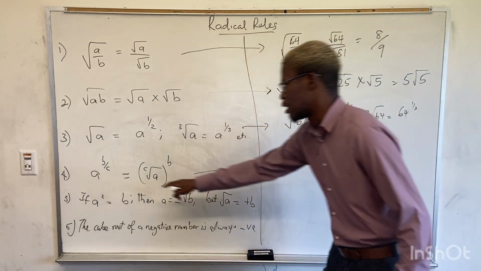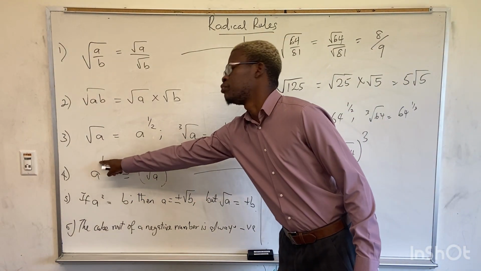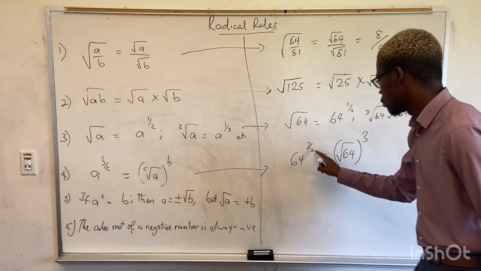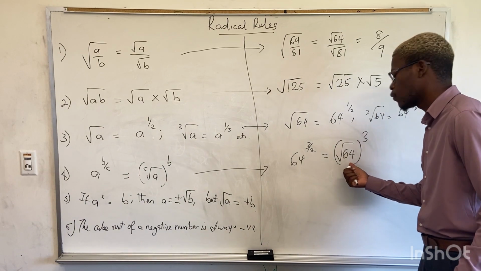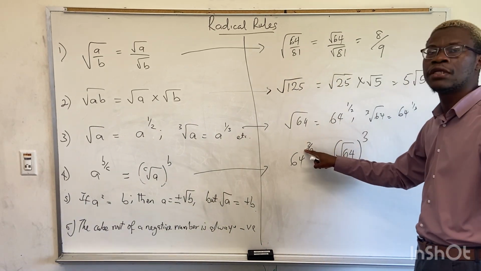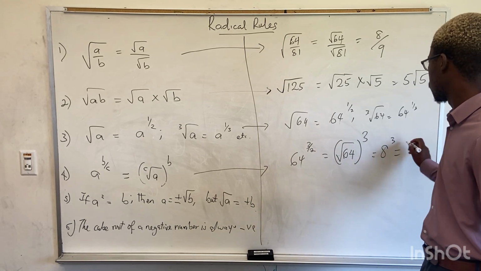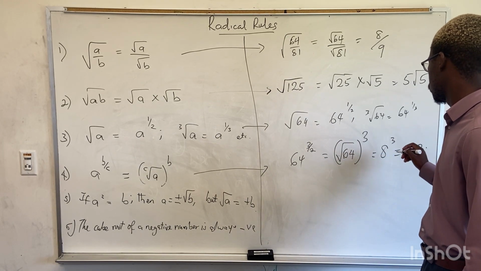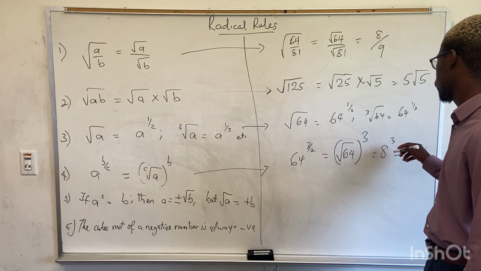All right, so look here, the c root of a then raised to the power of b. So here, since this is 2, it's the second root, the square root of 64 to the power of 3. And the square root of 64 is 8, to the power of 3, whatever that is. I believe that is 512. Is that true? 8 times 8 is 64.